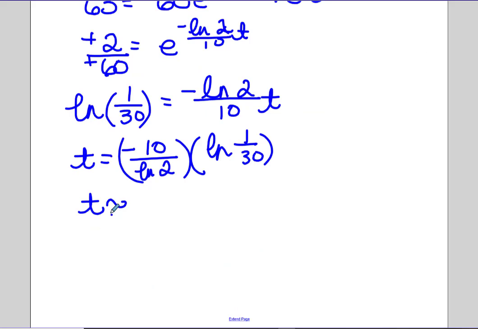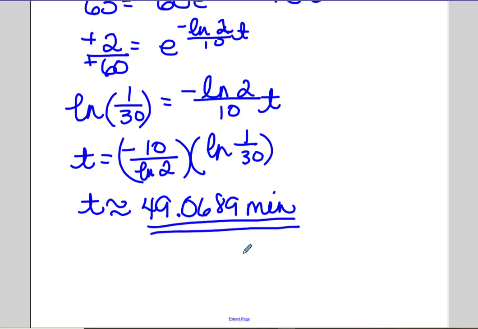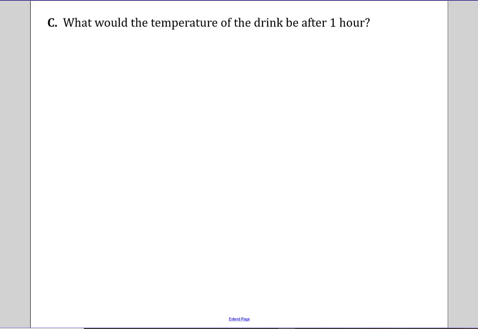And when the time is about 49 minutes, the temperature would reach 63 degrees. What would the temperature of the drink be after 1 hour? Well, that's pretty easy.